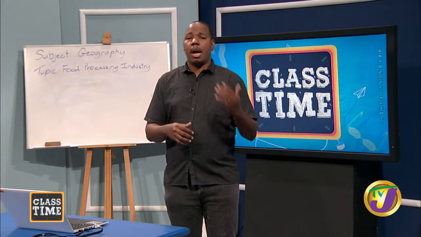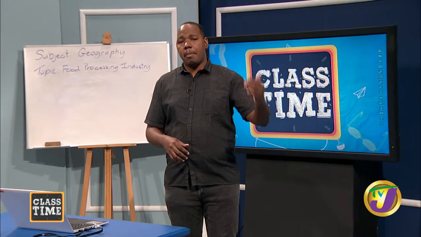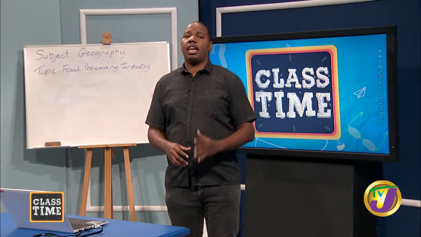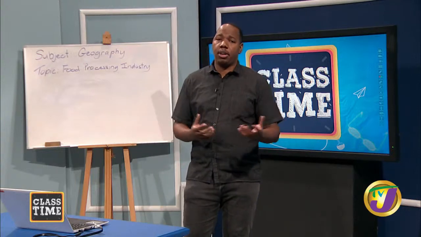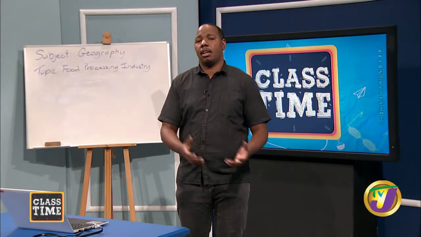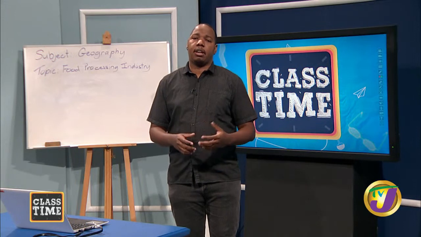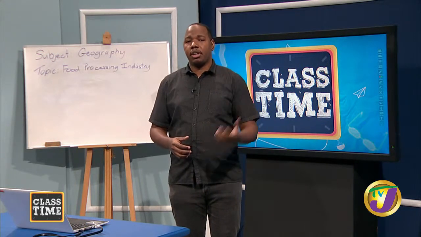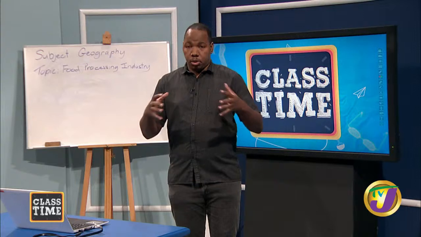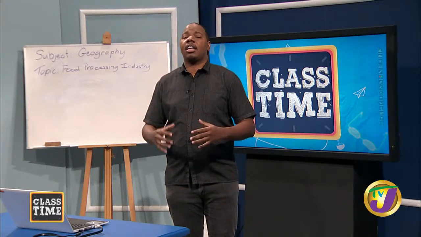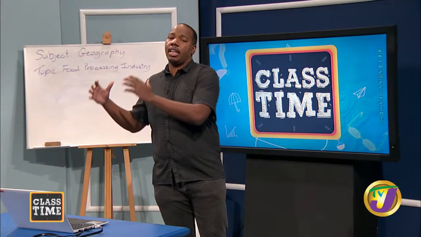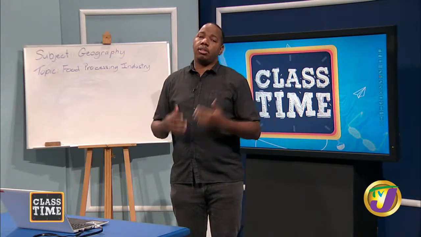Remember that we said that the primary sector is primarily engaged in the extraction of commodities or raw materials from the earth. So agriculture is a primary sector. Mining is a primary sector, right? And the raw materials from agriculture represent the primary commodities that are then used in the secondary industry.